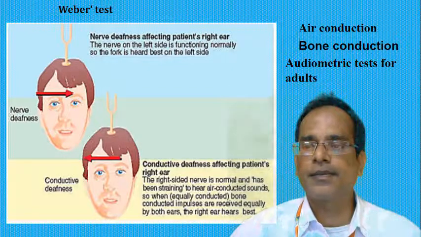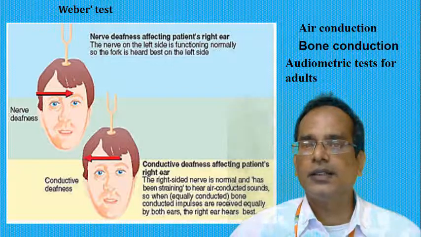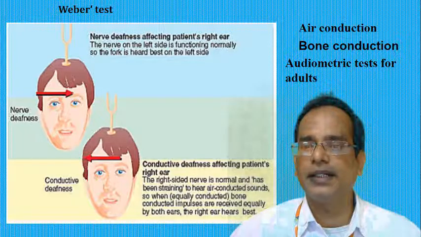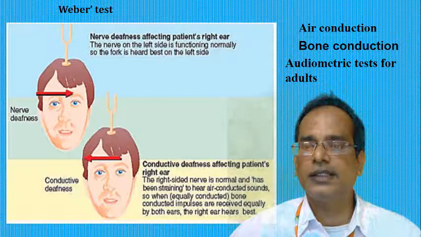And here you are seeing the diagram of the Weber test. This Weber test is a quick screening for hearing. It can detect unilateral, that is one-sided, conductive hearing loss, and unilateral sensorineural hearing loss can also be found with the help of Weber's test. This test is named after Ernst Heinrich Weber.